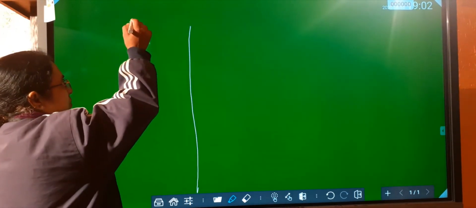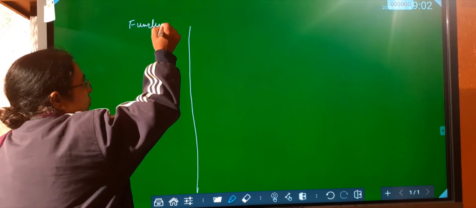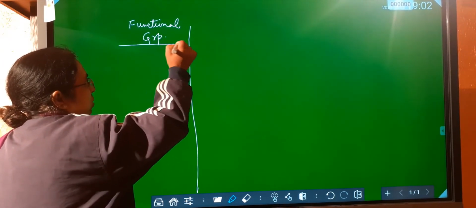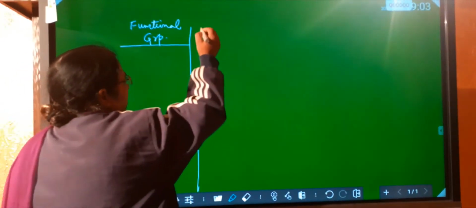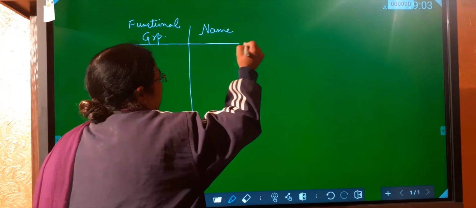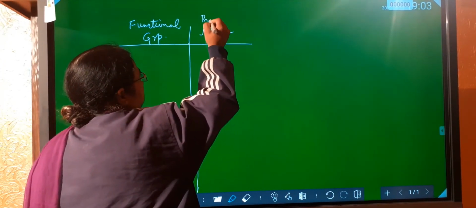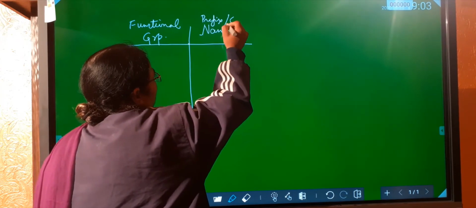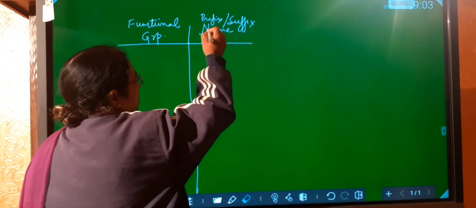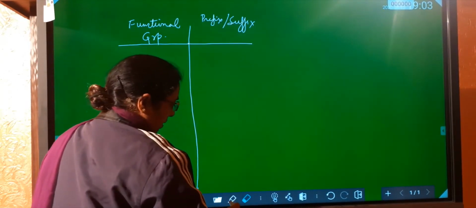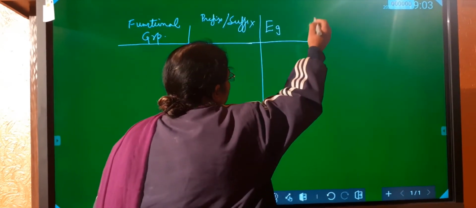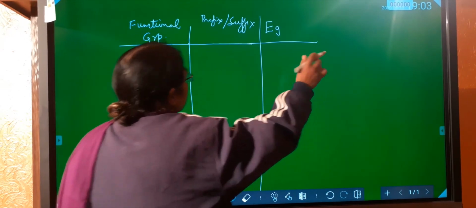So say supposing I write functional group over here, and name over here. Name means whether this is a prefix or suffix. I should write prefix or suffix over here, and let us write one example over here and how we are going to make the structure of it.